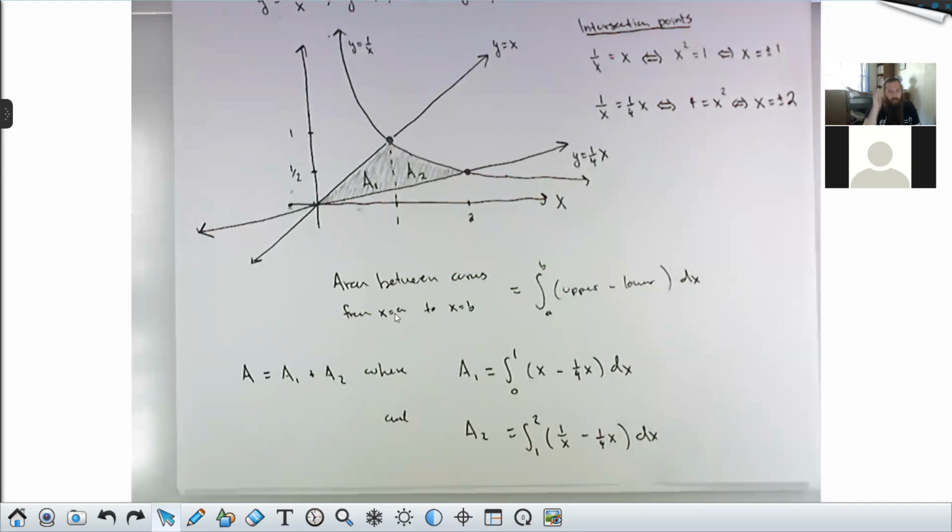So this would be my strategy setup, right? We need to draw the picture and then think about the geometry of the region until we can see how to get that area in terms of some integrals.